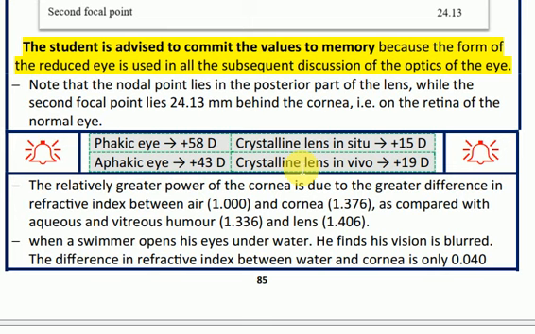The actual power of crystalline lens taken in isolation from the other refractive elements of the eye is given by Gullstrand as plus 19 diopter. The discrepancy results from the fact that in vivo the lens is only one element in a larger refracting system.